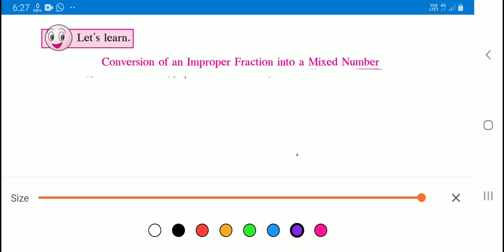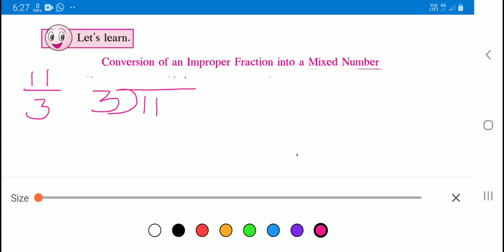First example, we have to convert 11 upon 3 into mixed number. Now look here, 11 upon 3. So 3's table you should know. 3 ones are 3, 3 twos are 6, 3 threes are 9, 3 fours are 12. So 3 threes are 9. 11 minus 9. How much will remain? 2.